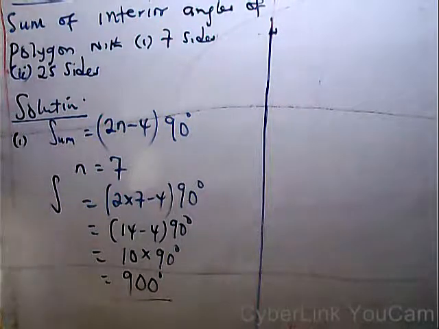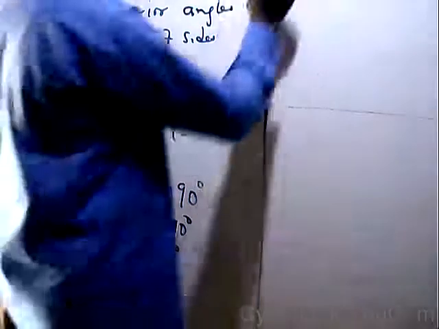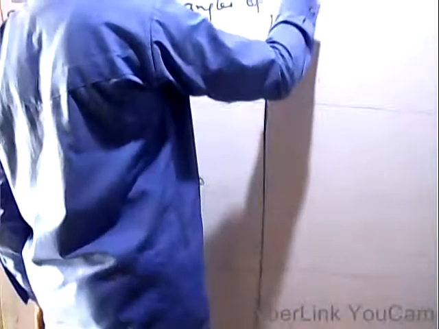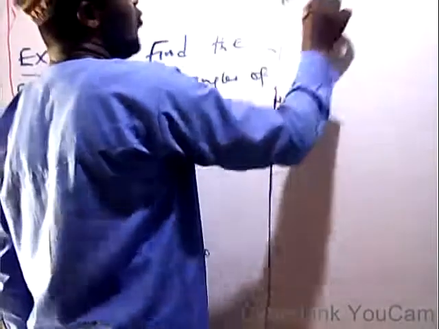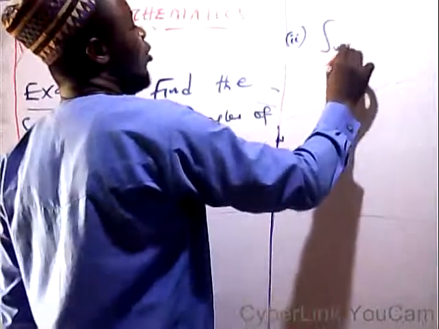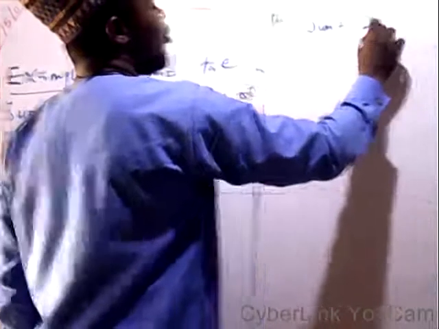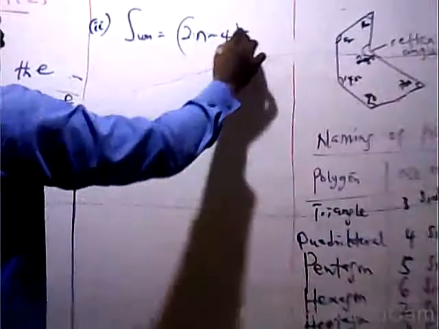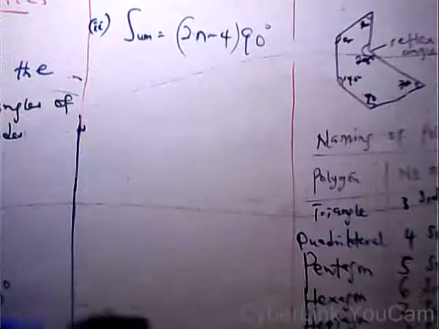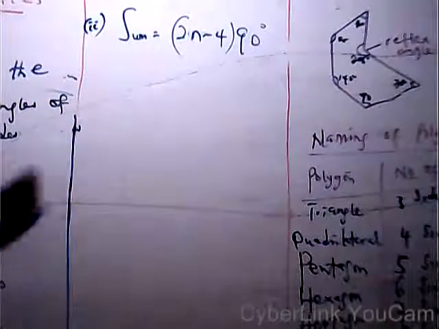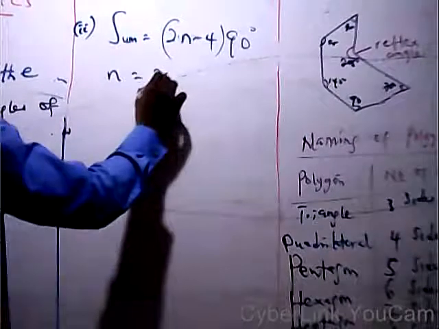Now for the second one, where you have 25 as your number of sides. The formula is still the same: sum is (2n minus 4) times 90 degrees. Here n is 25.